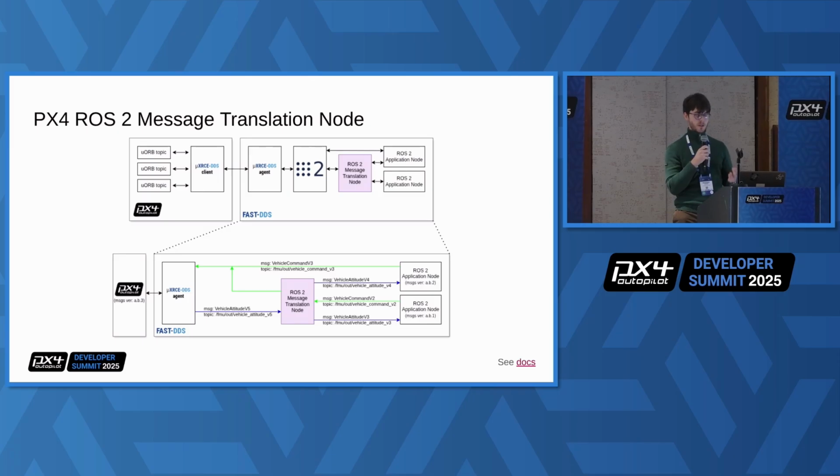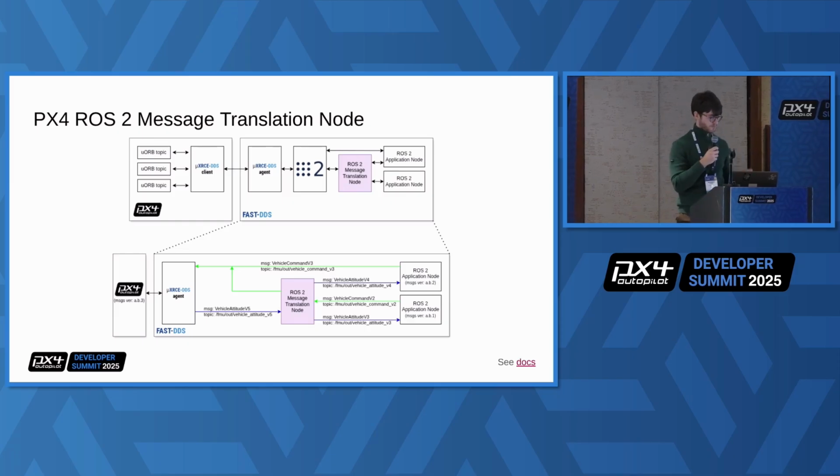If you build your ROS2 application using those messages and you want to ship the application around, and you don't want to have to think about what will happen in 6 months if that message changes, then if that message was a versioned message, you just put the message translation node in the middle, follow a bit of instruction, and the automatic translation between newer and older versions of the message will be performed. So check it out.